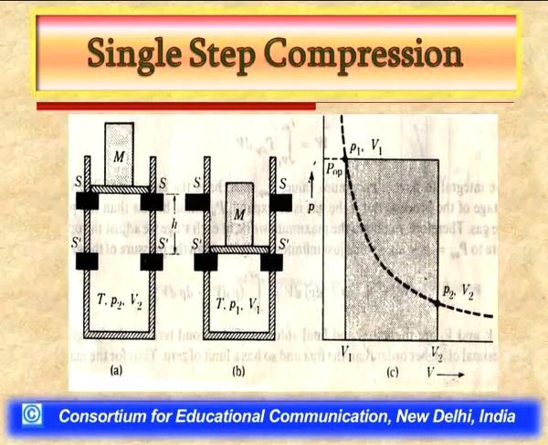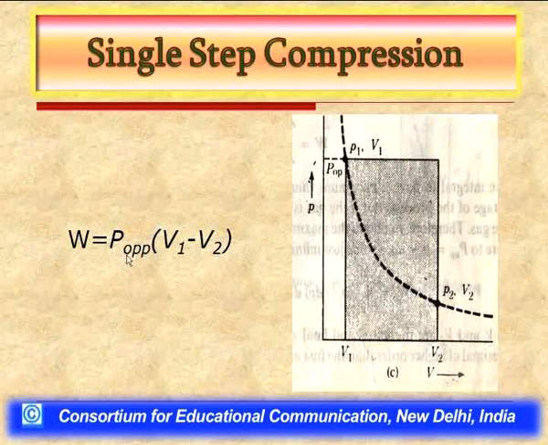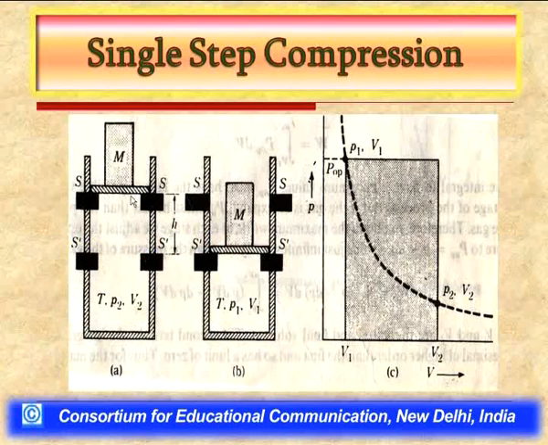That is, this pressure P op should be greater than the initial pressure, that is P2 here, and at the most it can be equal to P1, the final pressure of the system.